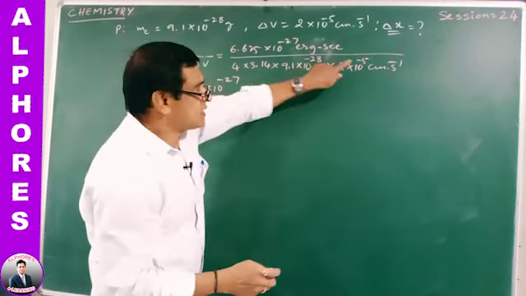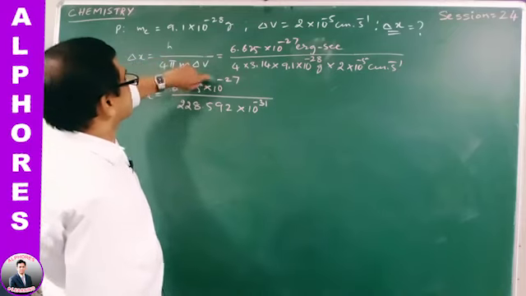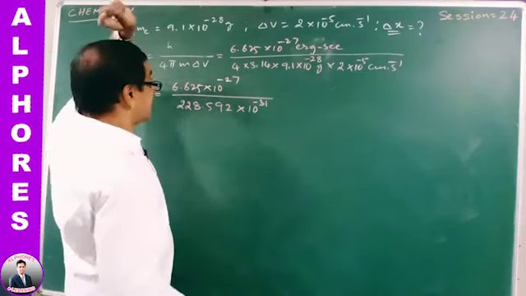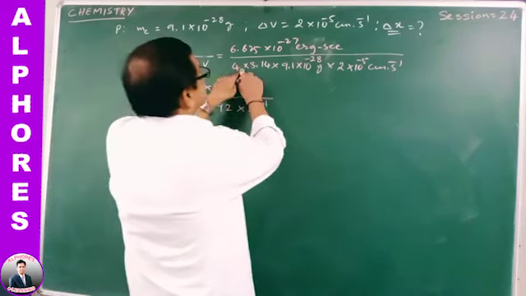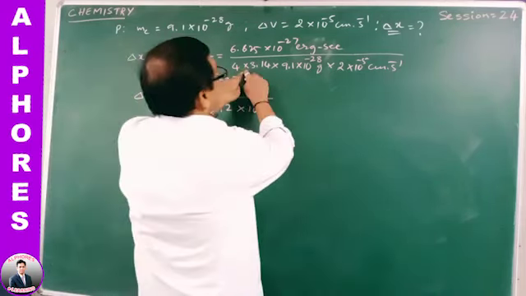So once again, be careful: 6.625 into 10 to the power minus 27 erg seconds by the simplification of all this, that is 228.592 into 10 to the power minus 31.